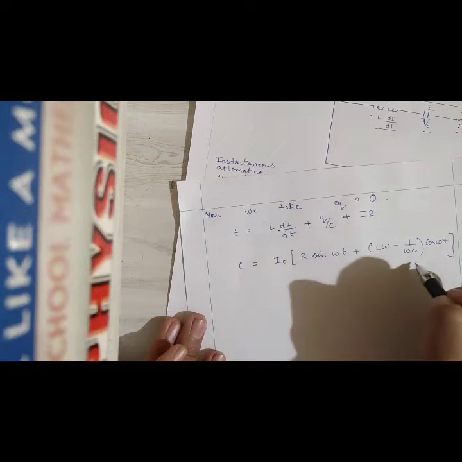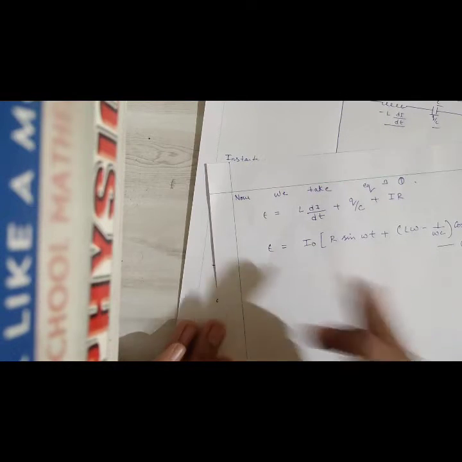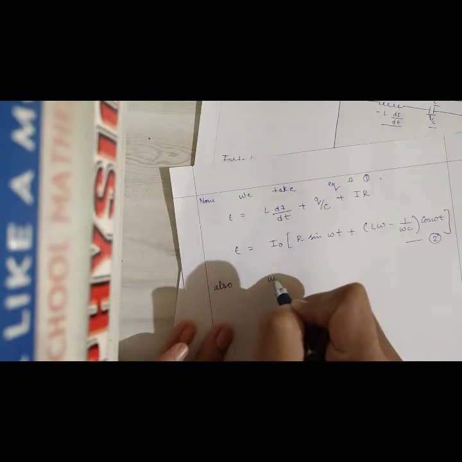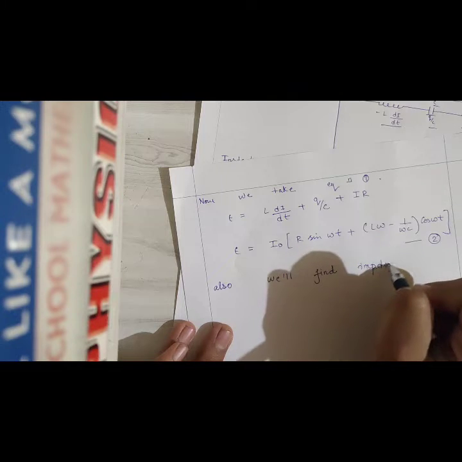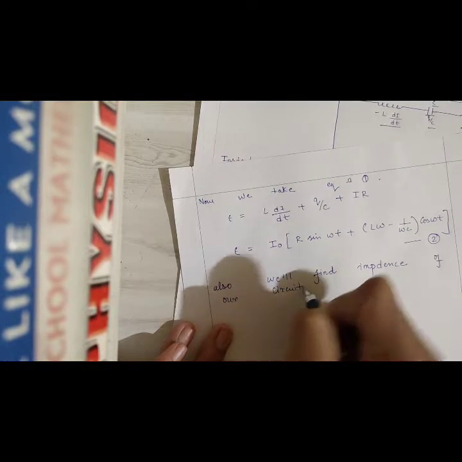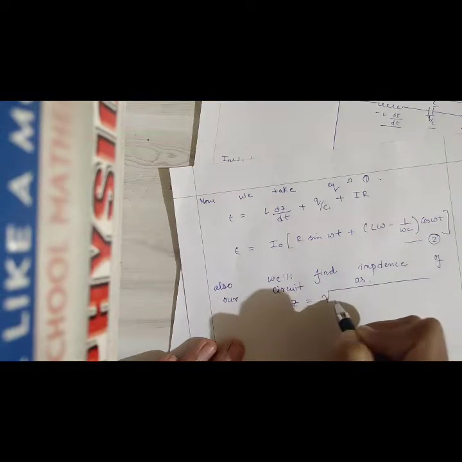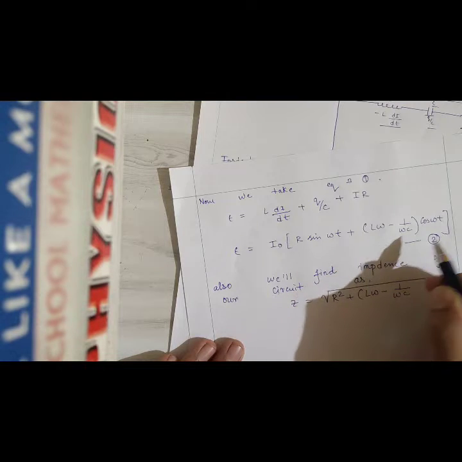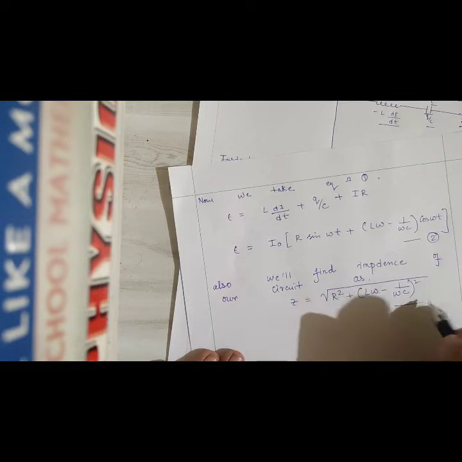Now let me take this equation as equation number 2, and also we'll find the impedance of our circuit as Z, that will be equal to root over R square plus (L omega minus 1 by omega C) whole square. We can write this as equation number 3.